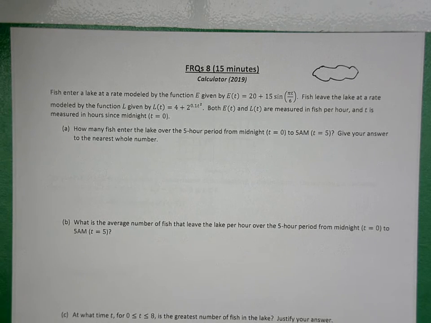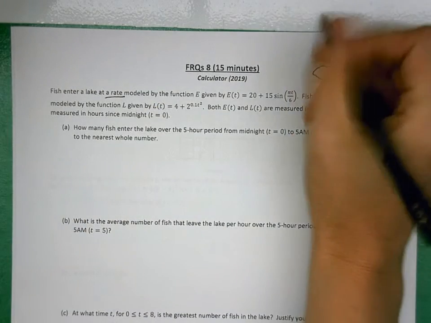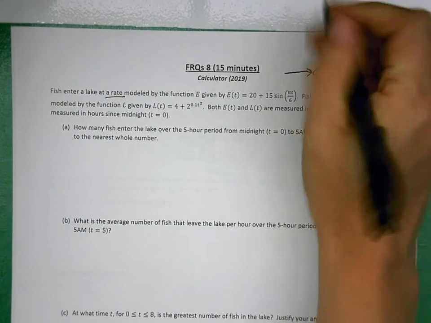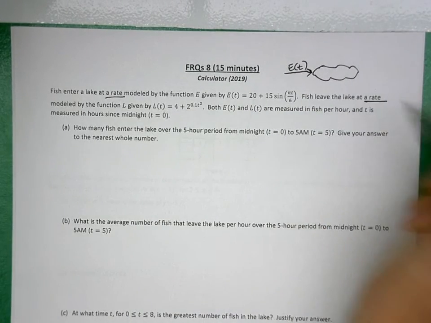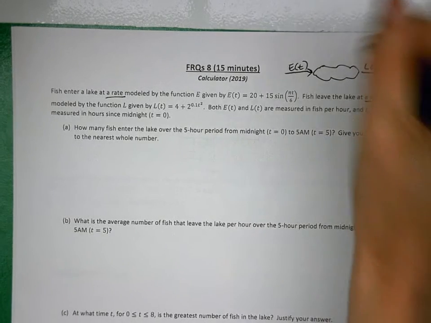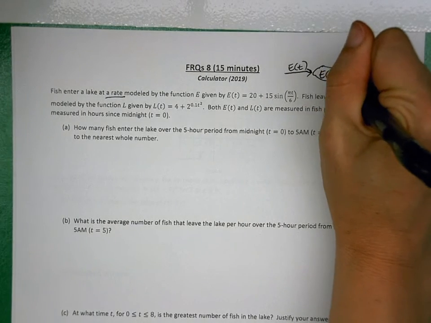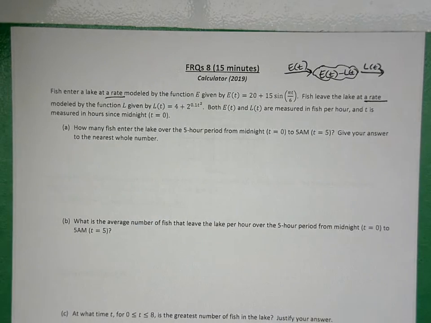And so let me model that again one more time here. E of t is the derivative, or the rate entering the lake. This, by the way, is my lake. It's very pretty. And L of t is the derivative, or rate leaving the lake. And so inside the lake is E of t minus L of t. And then I've mentioned several times that I always like also saying how many are in the location. So there was an escalator problem, I think, as part of FRQ 7.